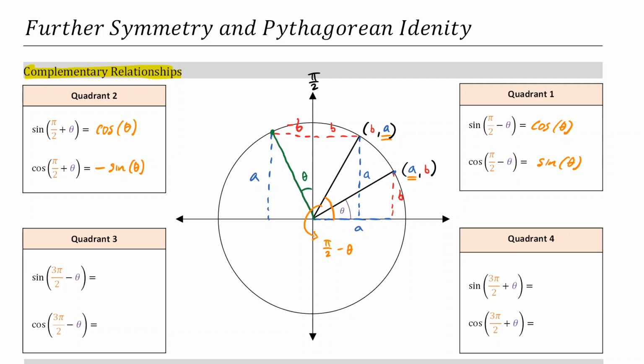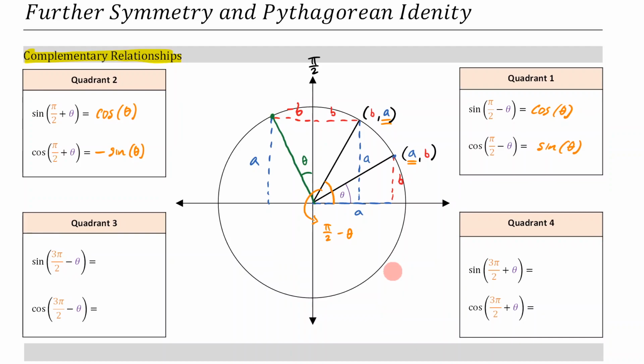So let's look at our third quadrant. So this is when we're going 3 pi on 2 minus an angle. So let's think about where 3 pi on 2 is. It's down here, isn't it? So I'm going 3 pi on 2, and I'm minusing theta here. So now I'm down here. This is theta again. So 3 pi on 2 minusing that theta. So I'm here. So what can we say about this? Well, sine is going to turn to a cos.